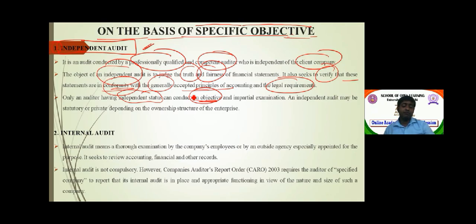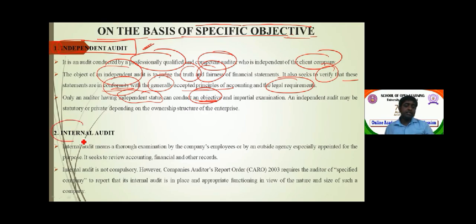So you must be free from any sort of clash of interest. You must be free from any sort of responsibility or any sort of benefit that you are going to get from the company when you satisfy the management with a positive report, even if there is certain sort of negativity in the financial statement of the company.